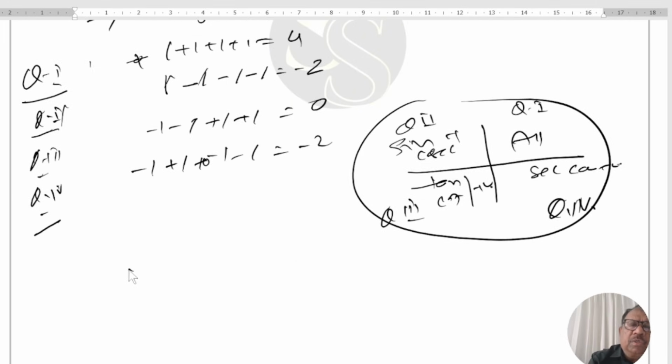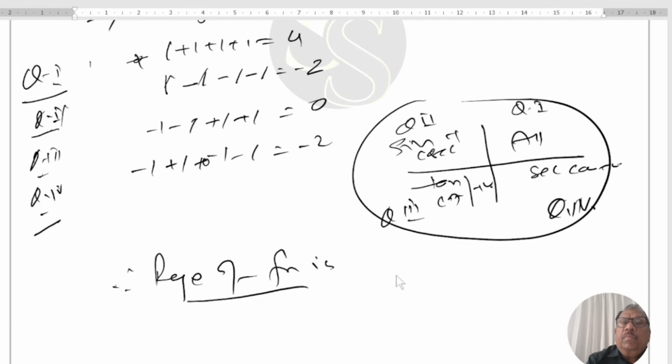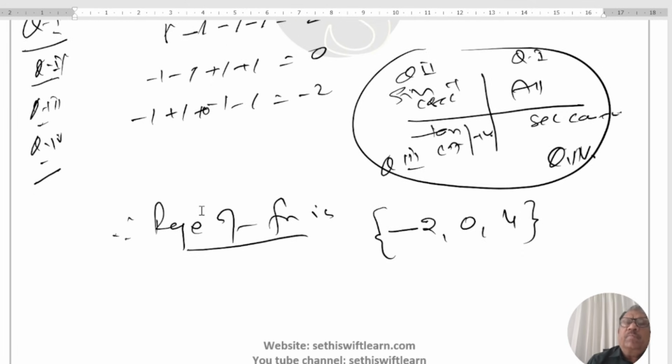The range of the function is therefore minus 2, 0 and 4. This is the range. These three answers will come.